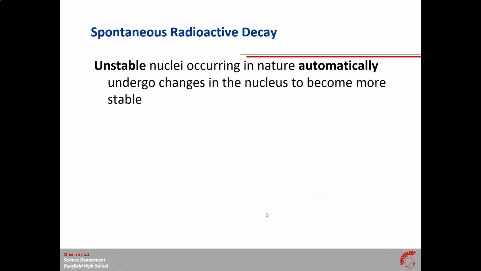Unstable nuclei that occur naturally will automatically, spontaneously undergo a change in the nucleus and become more stable. So what that means is the nucleus is going to radiate. It's going to kick out some particle and become a new element, usually a new element. Become a new nucleus as a result of the loss of something from that nucleus.